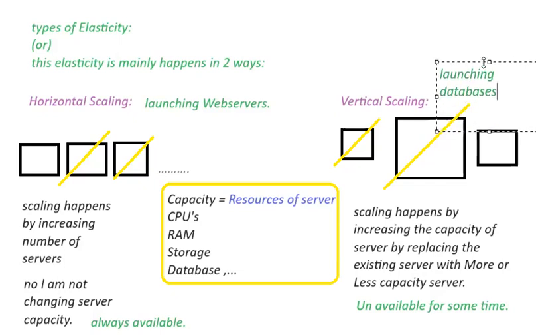Why don't we go for horizontal scaling? Since maintenance of a whole database needs high capacity, right? More requests come, with high capacity, high storage and database maintenance.